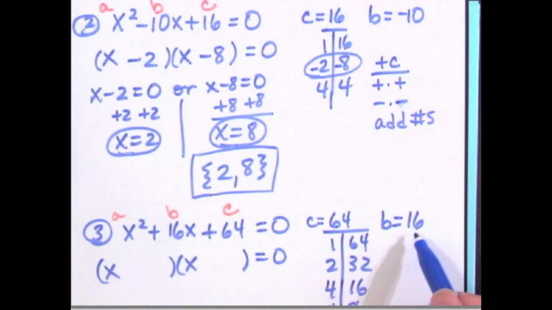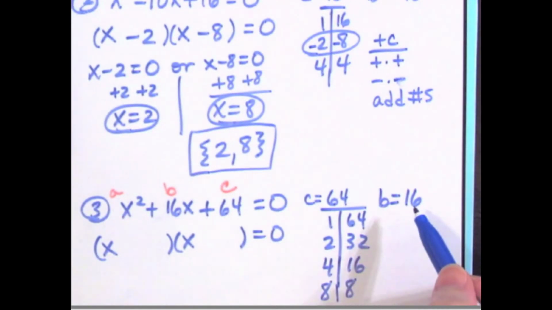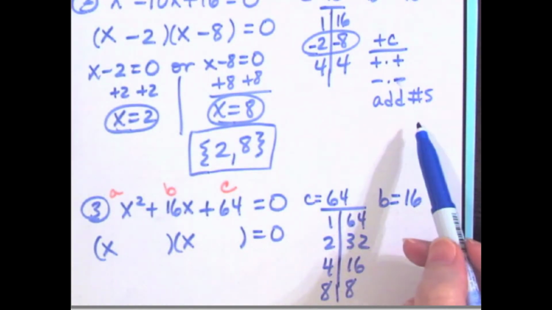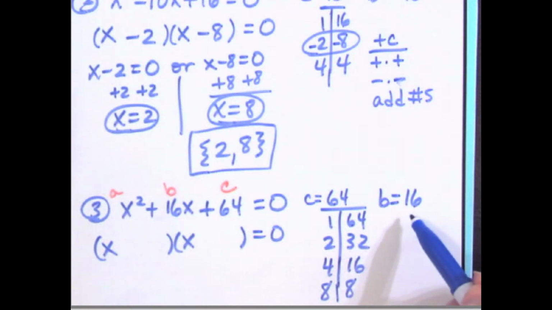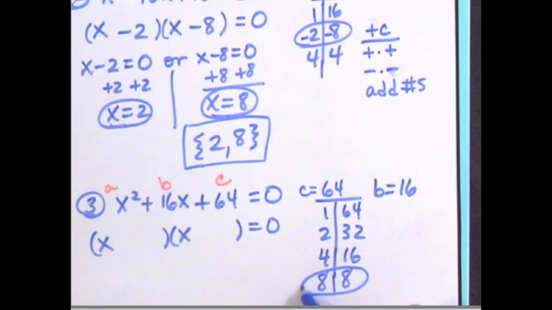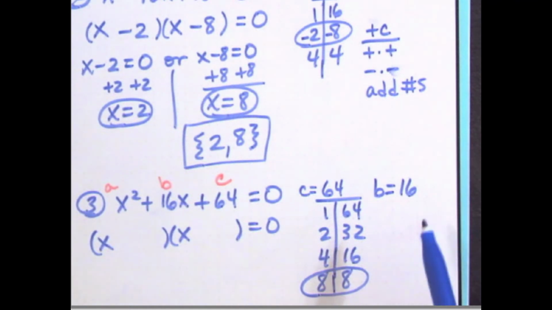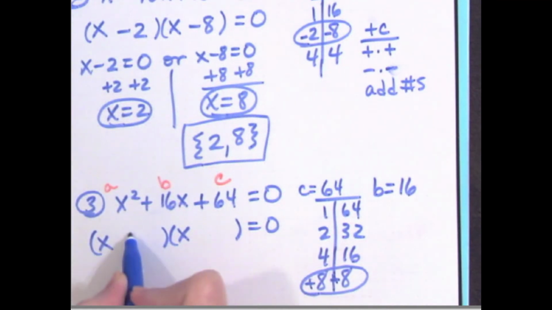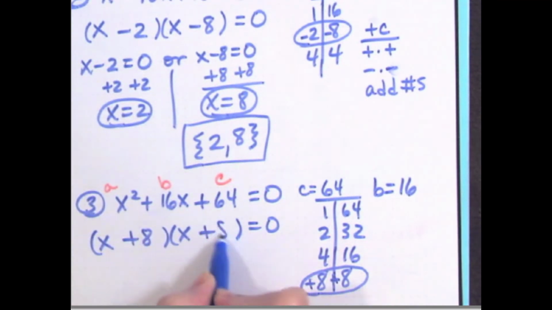So our C is positive again, so we need factors that are going to add up to be 16. So that would be 8 plus 8. And since it's positive, both of those just need to be positive. So it'd be plus 8 and plus 8.